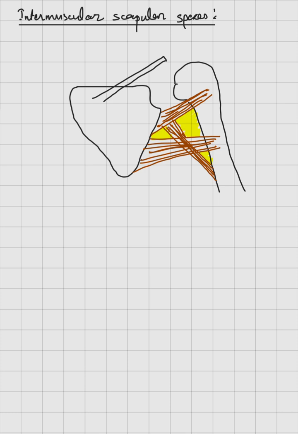In the axillary artery, we have learned that surrounding the humerus there were two arteries: the anterior circumflex humeral artery and the posterior circumflex humeral artery. Of course, here we can appreciate the posterior circumflex humeral artery. Along with the posterior circumflex humeral artery, one nerve will also be coming. That is the axillary nerve.